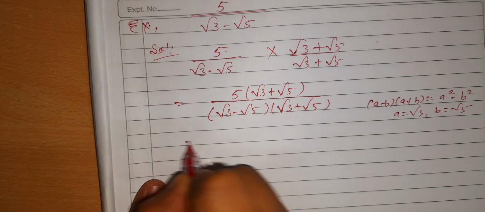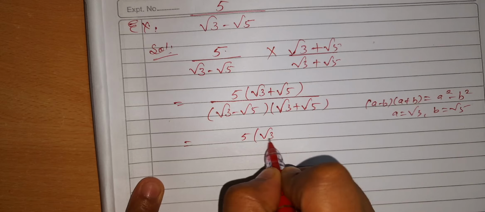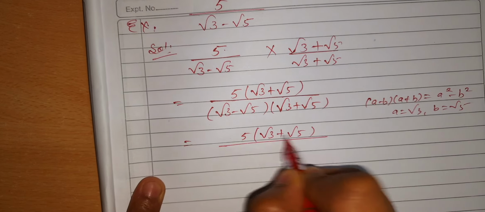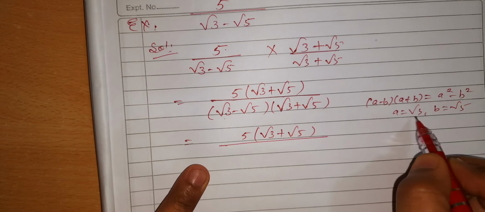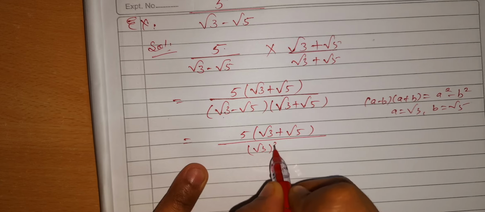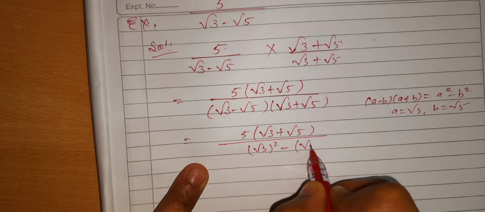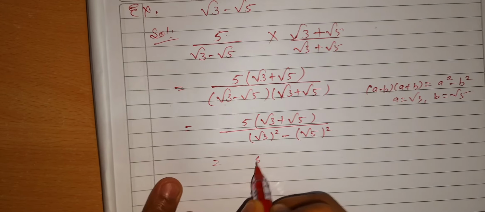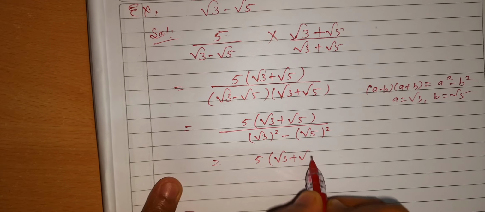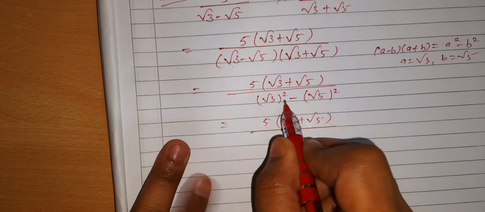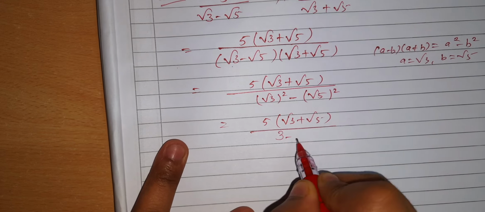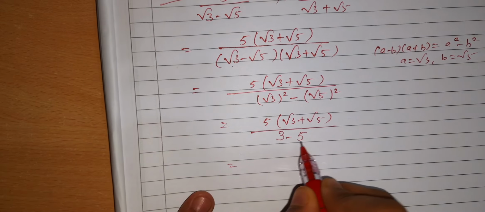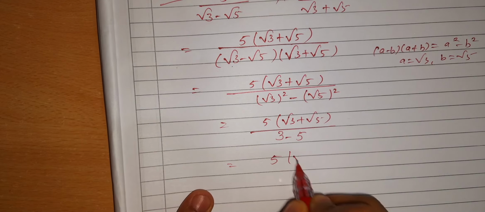So 5 root 3 plus root 5 upon a square minus b square, which means root 3 square minus root 5 square. Root 3 square is 3 and root 5 square is 5. So 3 minus 5 is minus 2.